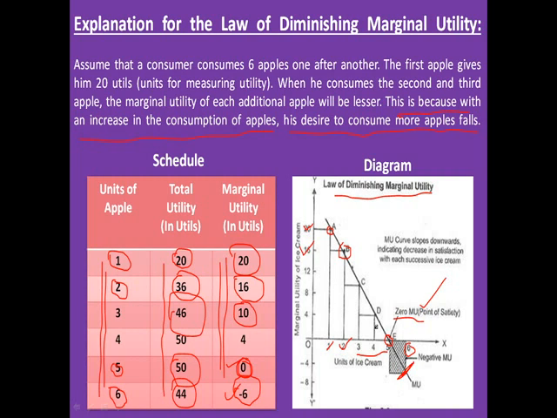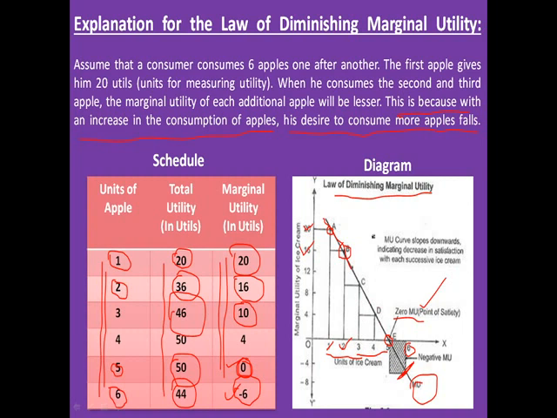So if you now join all the points A, B, C, D, E, F, you get the marginal utility curve, and that curve shows that your marginal utility gradually diminishes when you are increasing your units of consumption from the first, 1, 2, 3, 4, 5th and 6th. For subsequent units of consumption, your marginal utility is gradually diminishing.